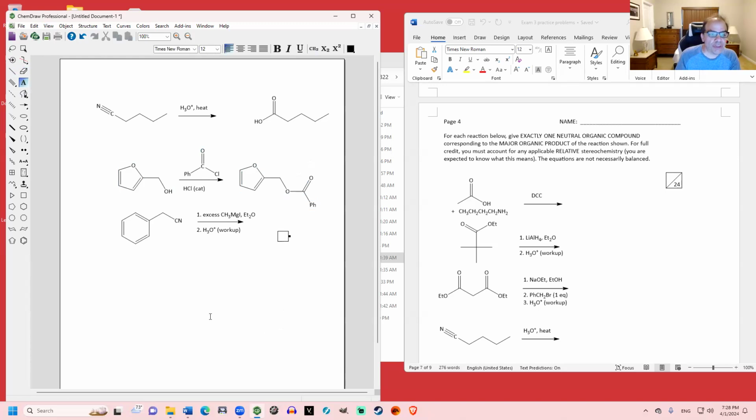So that's the ester you'll get. You get the benzoate ester of this alcohol. This goes by the OH group attacking the carbonyl carbon. And we went over that mechanism in chapter 21. It's acidic alcoholysis of an acid chloride.